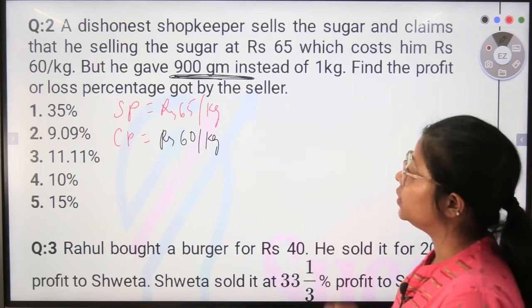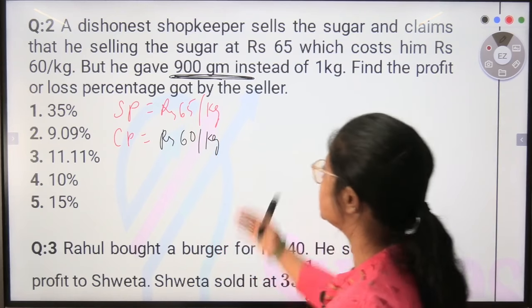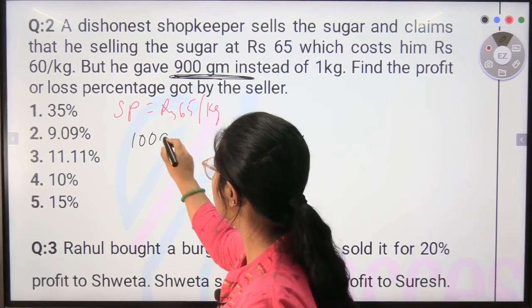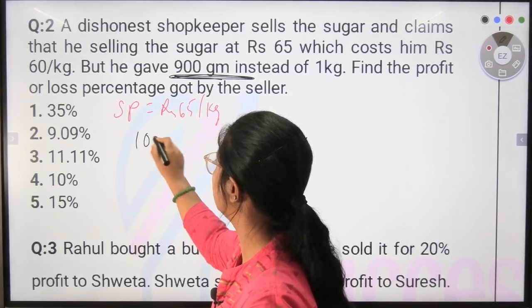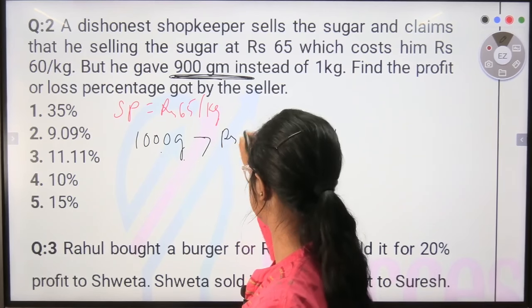Since you are given the SP rupees 65 per kg, that means you know that 1000 grams of sugar is costing rupees 65.